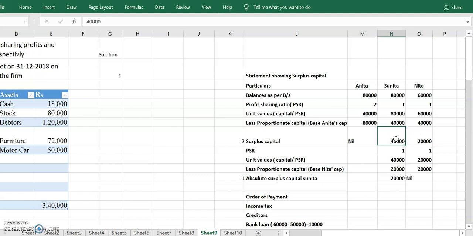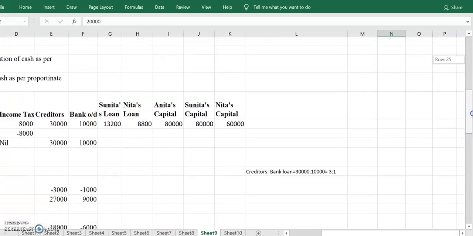Out of the 40,000, you already paid 20,000 to Sunita in this amount. So 40,000 minus 20,000, Sunita needs to be paid 20,000 more, and at this stage no payment was given to Nita in the first stage. So we have to pay 20,000 to Nita. So 20,000 to Sunita and 20,000 to Nita.